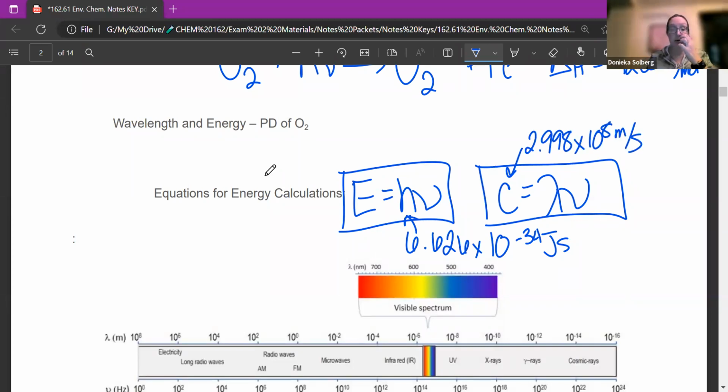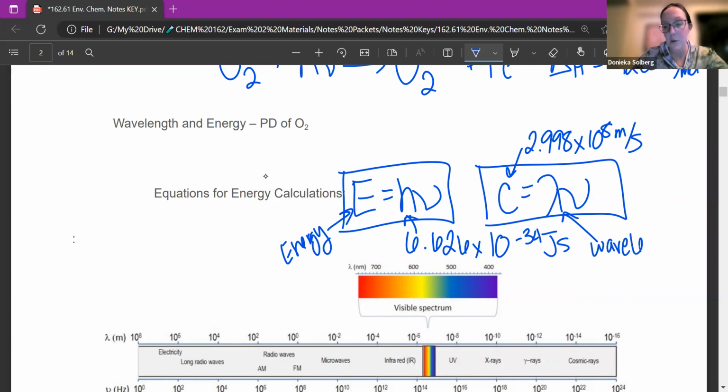You'll be given both of those values, and this can help us to calculate energy. E stands for energy, and lambda stands for wavelength. We usually have it in meters or nanometers. And ν, the letter nu, is frequency.